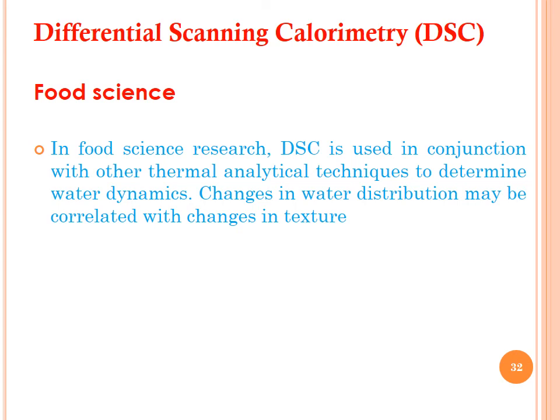To determine the distribution of water in the food, DSC is a convenient technique for determining water dynamics in food items. So this is also an important instrument for determination of water dynamics in food sciences.